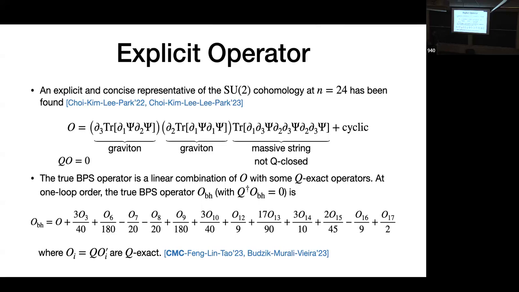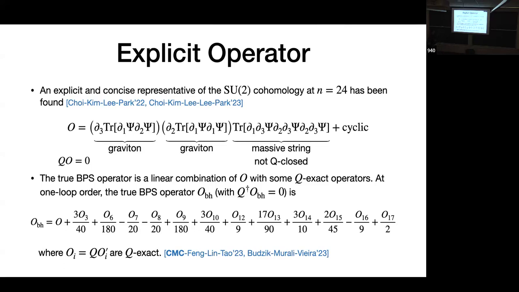But this guy only represents the cohomology, and you may ask: we know that there's a one-to-one correspondence between cohomology classes and BPS operators, and that basically means that given a representative, there exist some Q-exact operators which, if we add to this particular representative, make that operator BPS. And what Q-exact operator we need to add actually depends on the loop order.